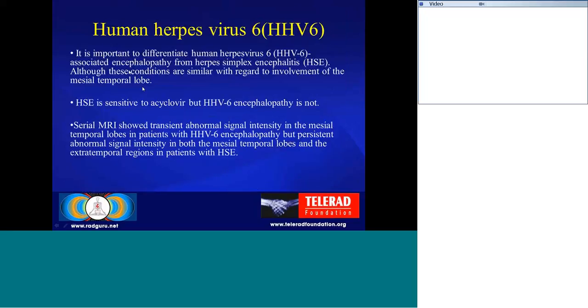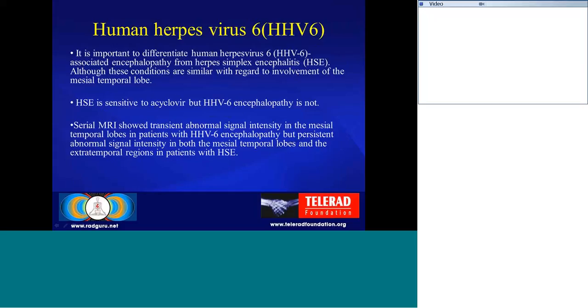So coming to another very important virus, human herpes virus 6, which also causes encephalopathy, but we have to differentiate it from herpes simplex encephalitis, because herpes simplex encephalitis is a very severe fulminant viral infection, and both involve the mesial temporal lobe.